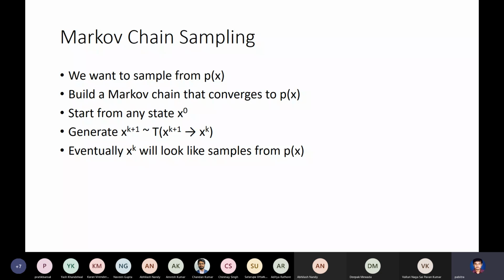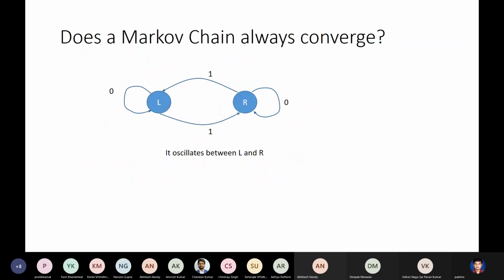We design a Markov chain, meaning we design transition probabilities and the states of a Markov chain, such that the converging probability of the Markov chain is this desired Px. So it's an inverse problem. And once we do that, we can just simulate the Markov chain and come up with a sample of Px after throwing away some initial simulations.